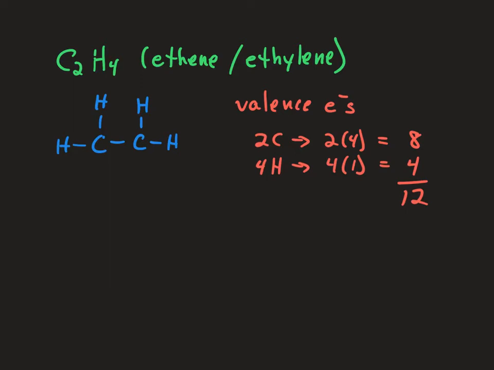In our bonding, we've got 1, 2, 3, 4, 5 bonds shown. So that accounts for 10 of those valence electrons, leaving only 2. We can't put those around hydrogen, because hydrogen only has space for 2 electrons around it.